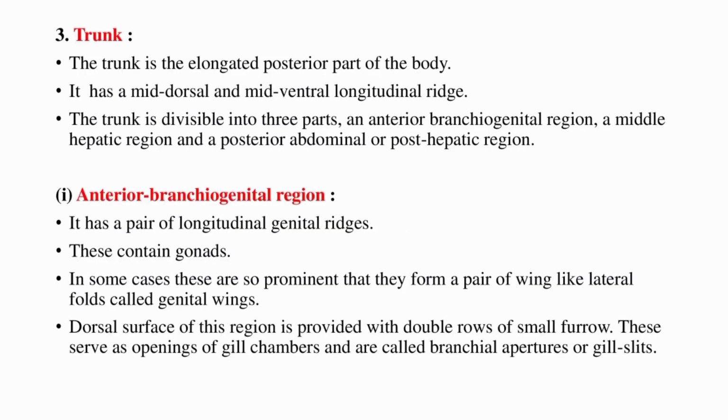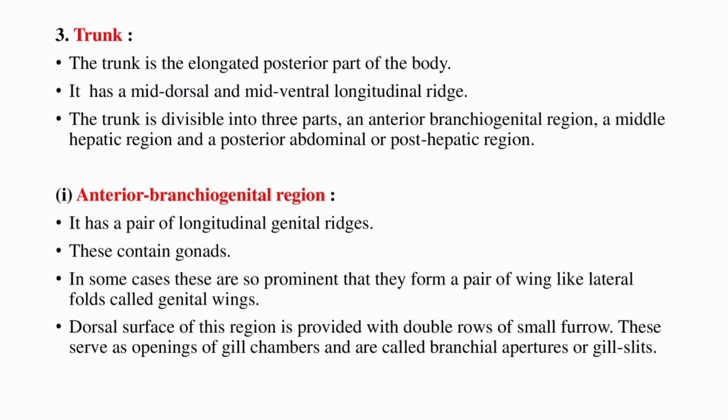Trunk region. The trunk is the elongated posterior part of the body. It has a mid-dorsal and mid-ventral longitudinal ridge. The trunk is divisible into 3 parts: an anterior branchiogenital region, a middle hepatic region, and a posterior abdominal or post-hepatic region. The first part, anterior branchiogenital region.